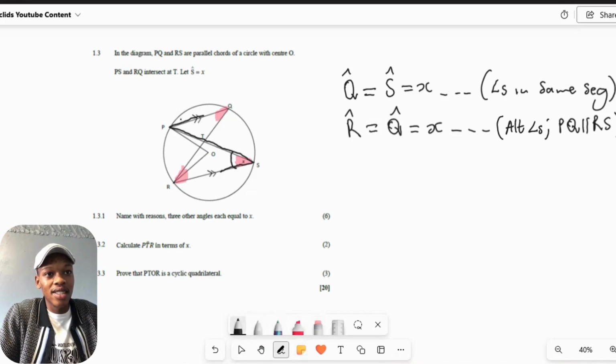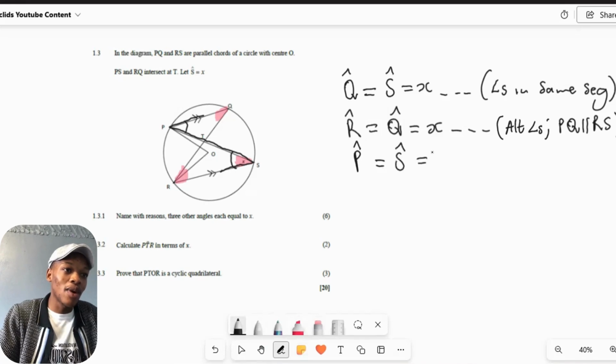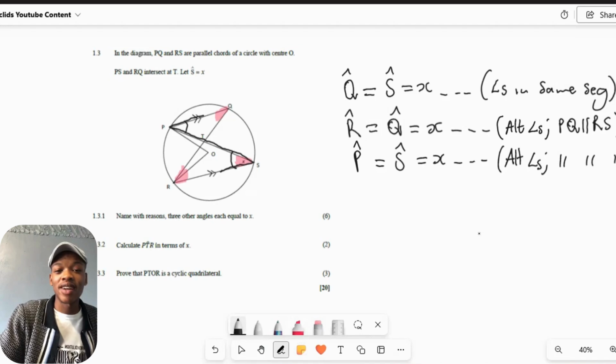This angle S and angle P, they are forming a Z. Alternating angles. Angle P is equal to angle S, and they are equal to X. How come? They are alternating angles. Why are they alternating? It's because PQ is parallel to RS.